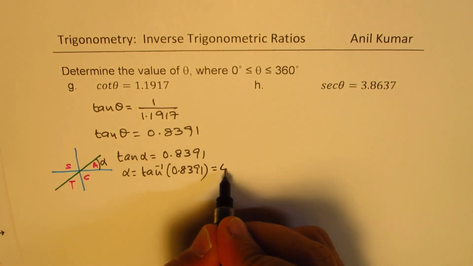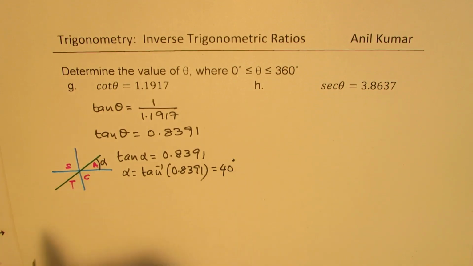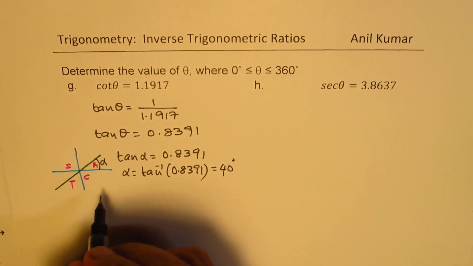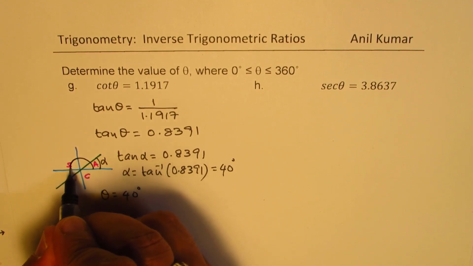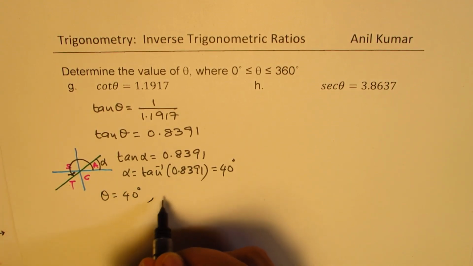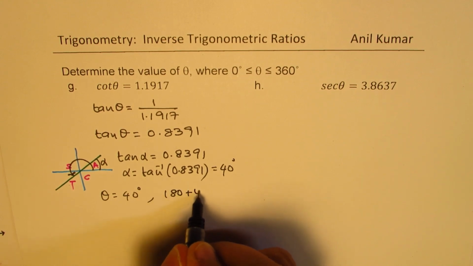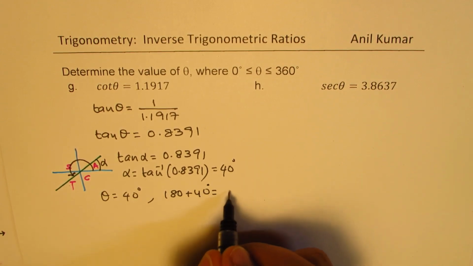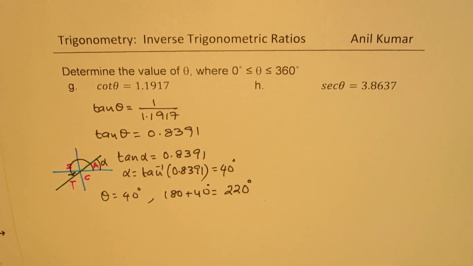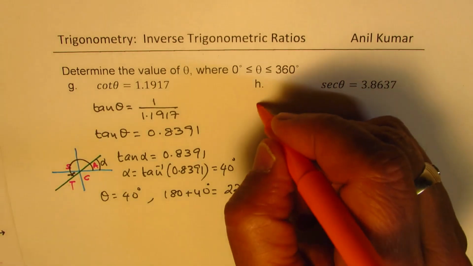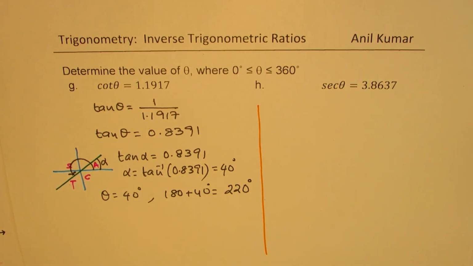So we get this angle as 40 degrees. So alpha is 40 degrees, which is one of our answers. The other one is 180 plus 40 degrees, which is equal to 220 degrees. Is that clear to you? So that is how we'll get the solution of this particular equation.